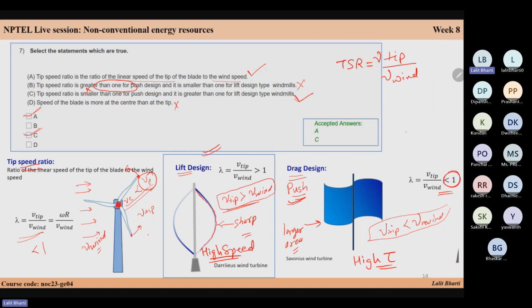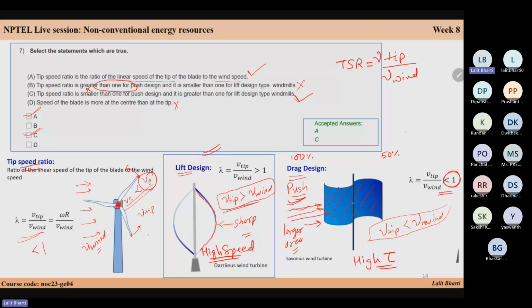Okay, so see, if you are having air, something like that, this is your air drag. You can clearly say that for this drag design your resistance is very high. So if you are having 100% at this side, you will get let's say only 50%, because the resistance is very high, so most of the power will be converted here.